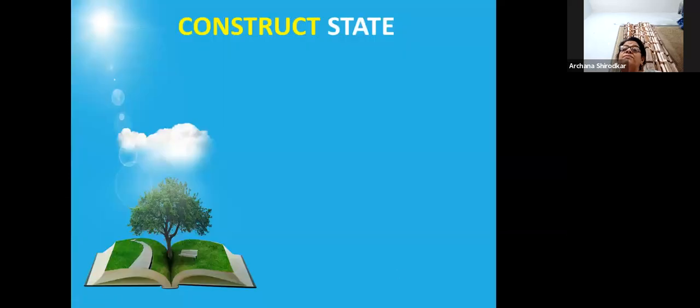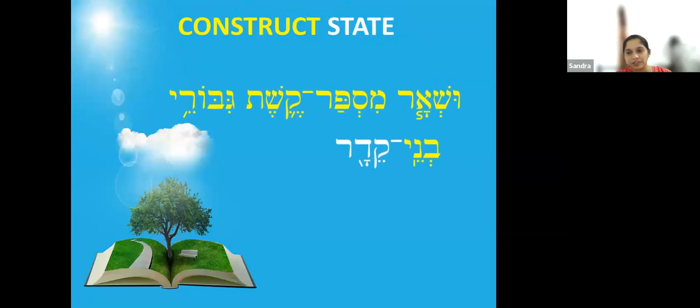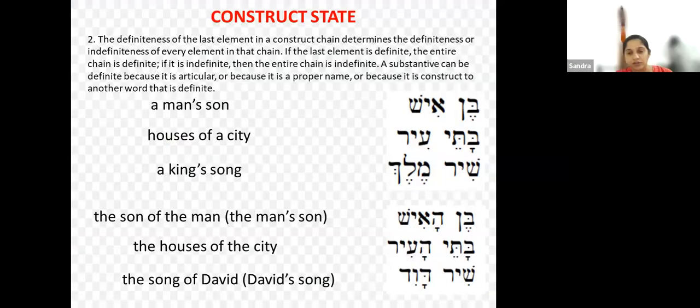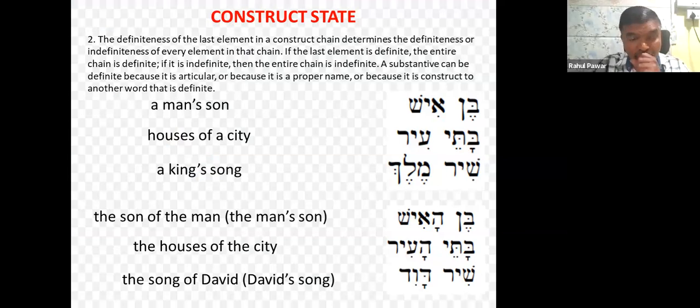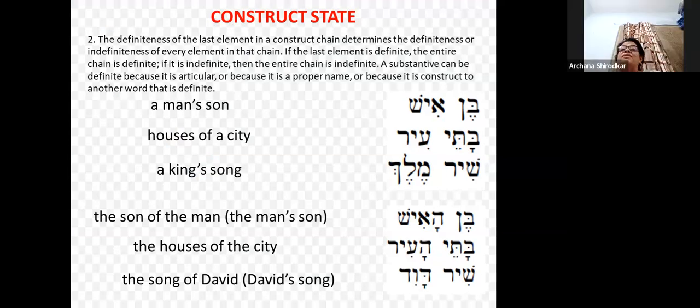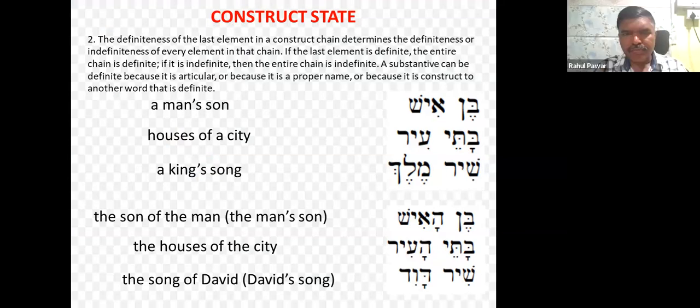Sir, one question on the previous slide. The son of the man: Ha is there only for Ish, but still both are definite. Yes, that is when it is a construct state. In Ben Ish, we can even say a son of a man or a man's son.